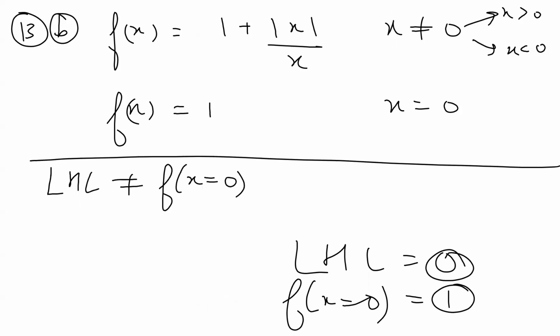Therefore it is discontinuous at x equal to 0. But for your exams, to be on the safer side, you also mention RHL for the sake of calculations. Now in the same exercise, let us go to question number 19.